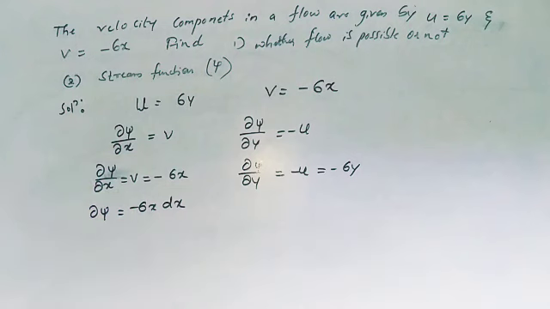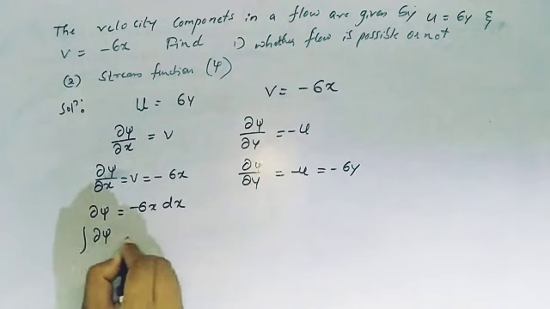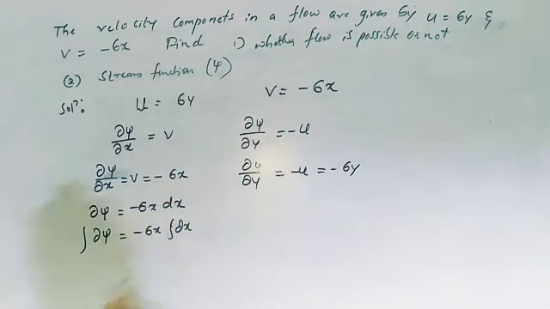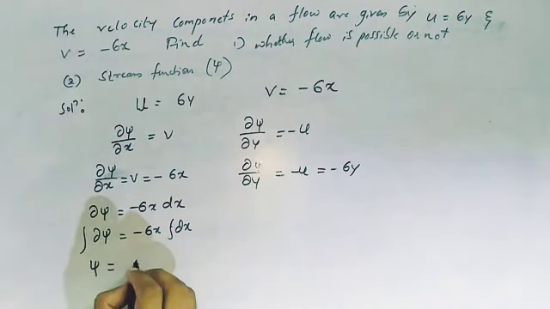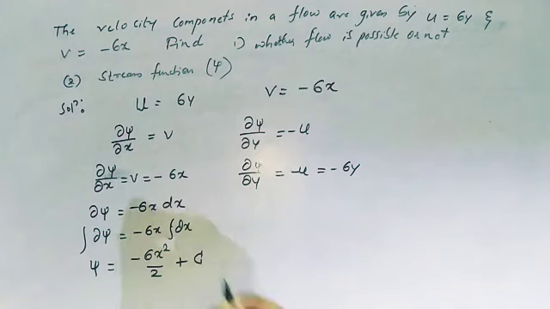If I integrate this term on both sides, dou psi equals minus 6x integration of dx, so psi equals minus 6x square by 2 plus a constant term. That is nothing but psi equals minus 3x square plus c.